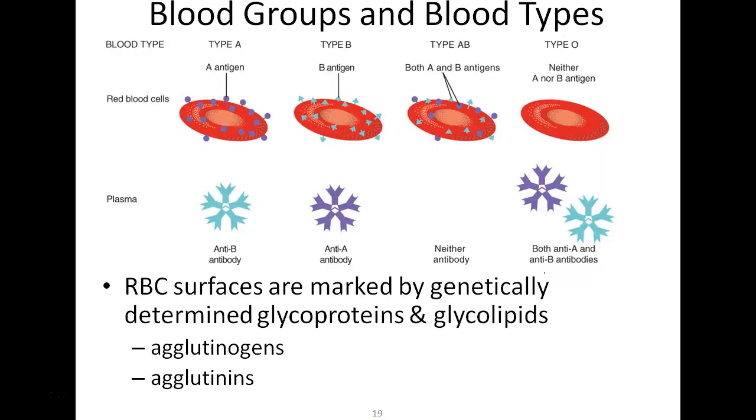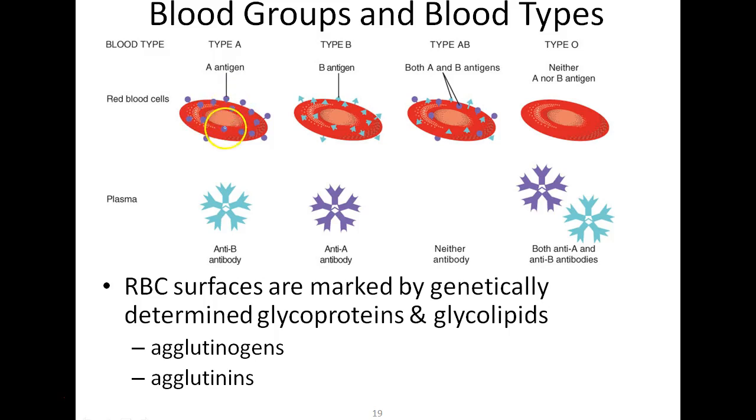Here is perhaps a better drawing showing the presence of those antigens on the surface of the red blood cells. And then we see the plasma has the antibodies. And again, if you look closely at these antibodies, notice how they might or might not match up. So let's take, for example, a person who is blood type A. A person with blood type A means that their red blood cells have type A antigens on the surface of that cell membrane.